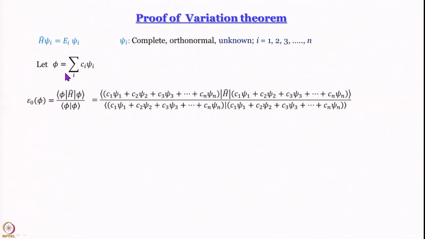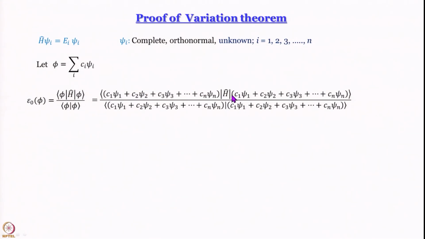So, this is what will happen, phi is what? Phi is this summation, right. So, I have just opened it up, C1 psi 1 plus C2 psi 2 plus C3 psi 3, and so forth until Cn psi n. Okay. So, the general term is Ci psi i, sum over i, right. So, actually I am working with its complex conjugate.